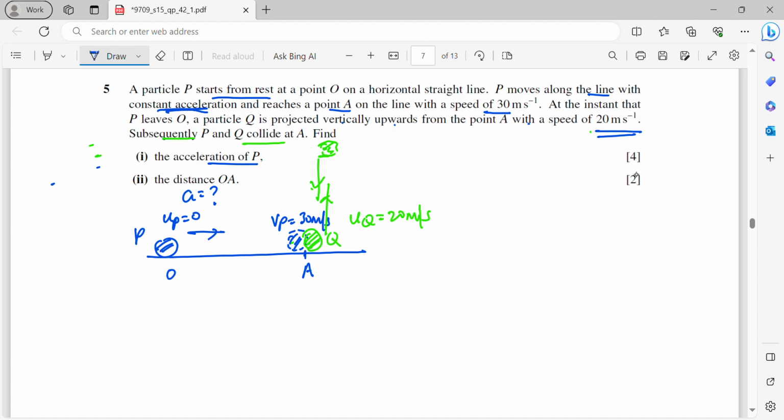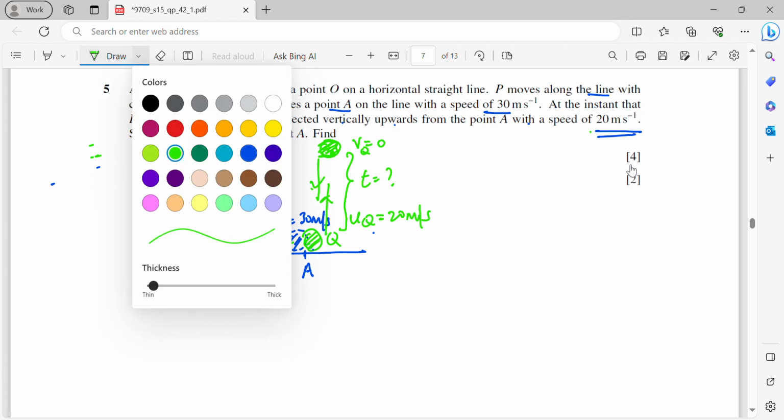What is the acceleration of P, given that it is a constant acceleration? Okay, so from here, I need to find out how much time is taken by Q to go up and come back down to the point A. The easiest way is I just find out how much time Q takes to reach the highest position. When Q is at the highest position, VQ will be 0 because it will stop a while, then only it goes down.